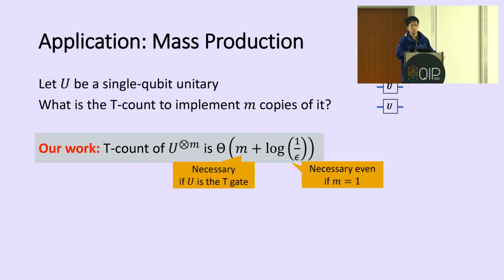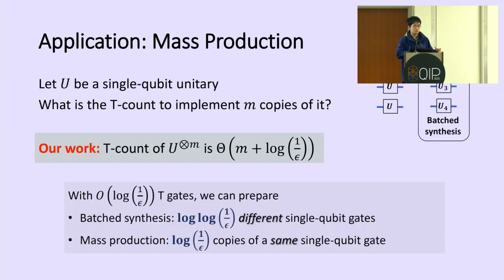And if you compare with what I showed you previously, with the fixed budget of log 1 over epsilon many T-gates, which is necessary even to implement one single qubit unitary, we can use batch synthesis to implement log 1 over epsilon many different single qubit unitaries, or we can use this mass production result to implement log 1 over epsilon many same single qubit unitaries. So this is our saving.